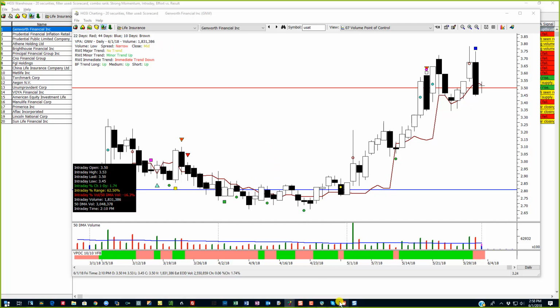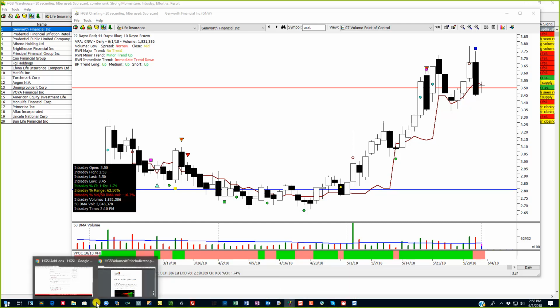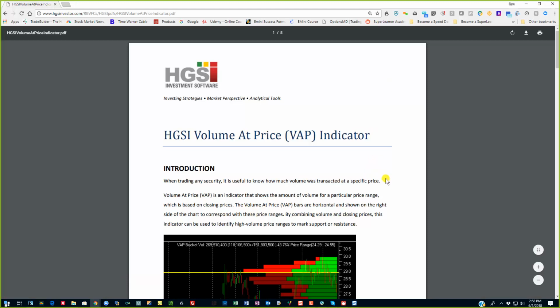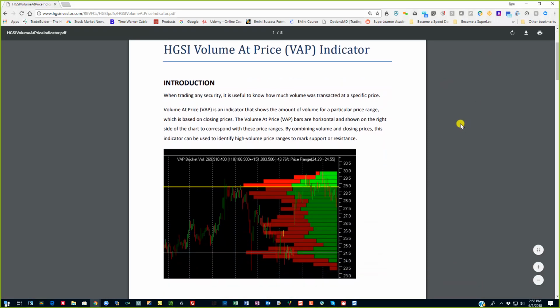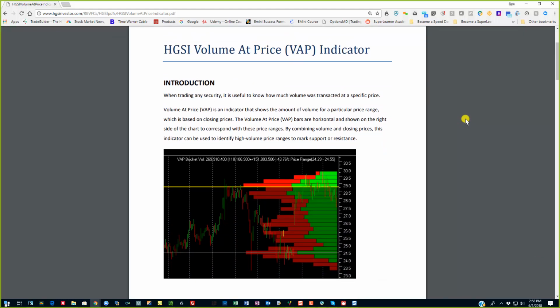Now, let me bring that PDF file up now and see if I can find it here. I probably closed it. No, there it is. Okay, volume at price. This is an indicator that Matt, who does all the programming for HGSI, and he does a great job.